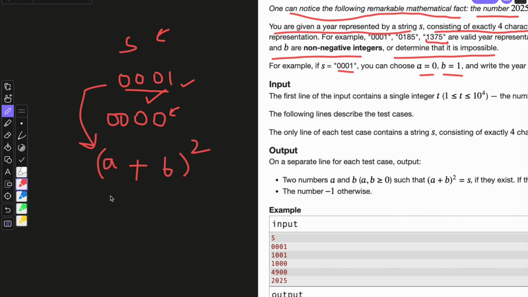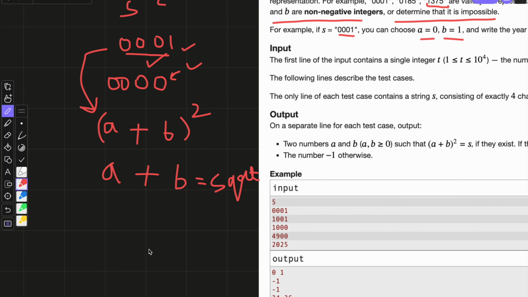Okay, so a plus b, then what would be a plus b? Then it would be the square root of the given year. One thing we can do is, while taking the input, instead of taking a string s, we can take int s.